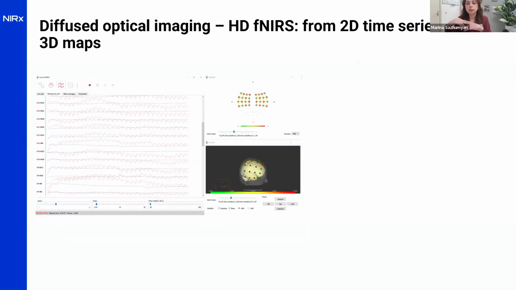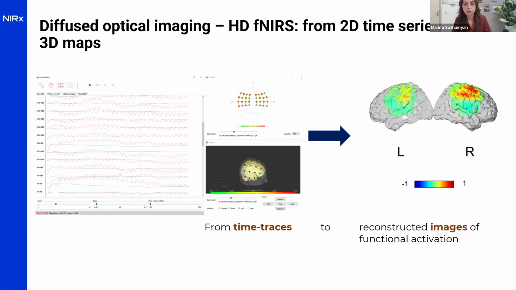Right. And again, we talked about the standard approximately equidistant 3 centimeter channel setup, which results in 2D data of our signal over time. So we end up with 2D time series. However, another feature of NIRS that we can take advantage of, going back to the relationship of light intensity and channel distance, source detector distance, is that by manipulating the distance and the channel density, we can also manipulate the cortical depth that is being measured.